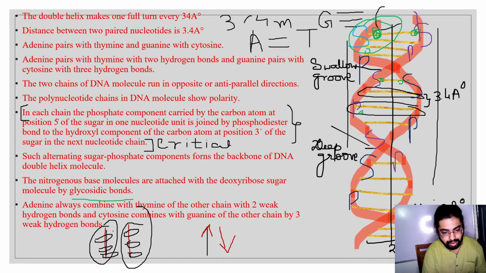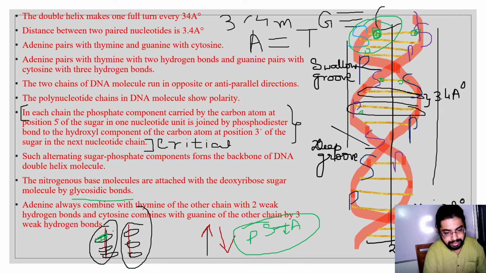So phosphate is there, sugar is there, and say one nitrogenous base, adenine, is there. So sugar, adenine and phosphate together form the nucleotide. Here I have marked the nucleotide. This sugar and one of the nitrogenous bases is linked by a linkage called the glycosidic linkage or the glycosidic bond.